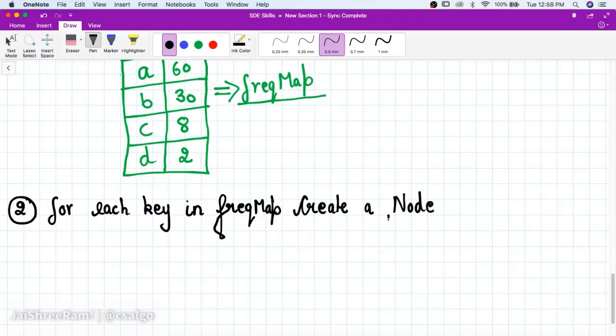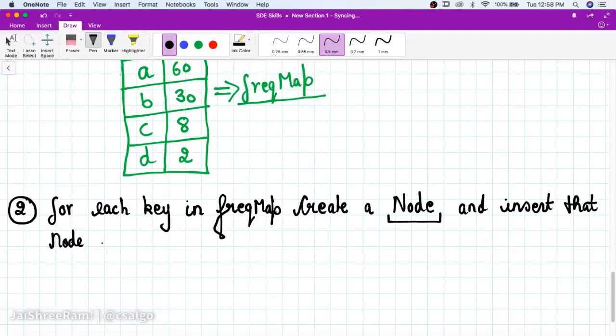So for every character I will be creating a node and inserting that node in a priority queue or a heap. Both are the same.